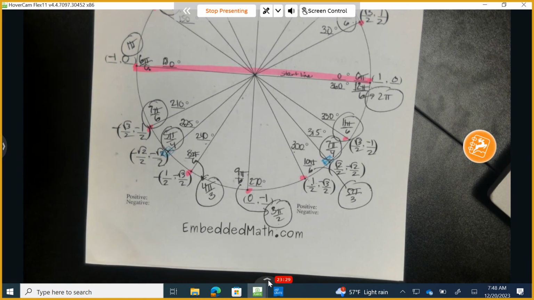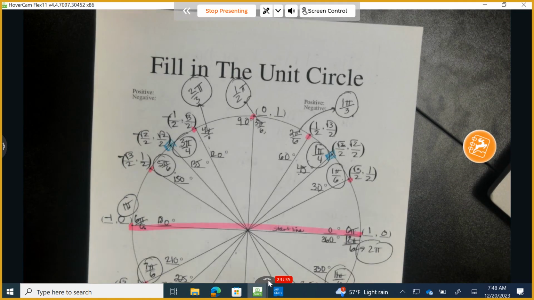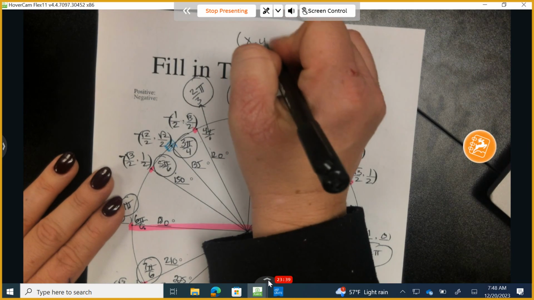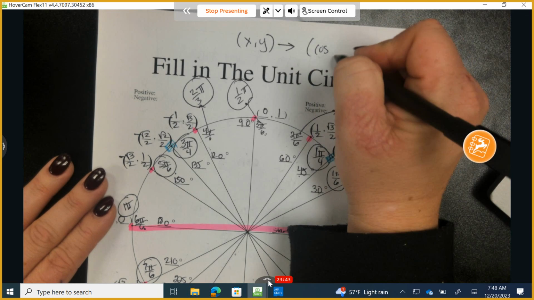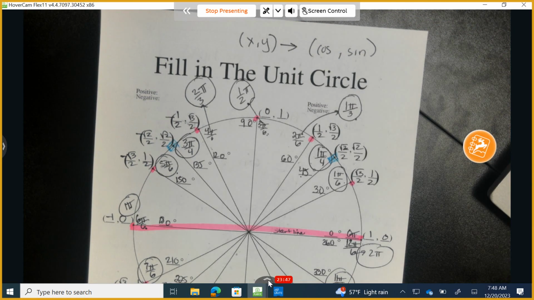Now, I had a student, just like the Damien method that we talked about, or most of you heard about. It's a great way to remember things. I had a student that was forgetting, like, we think of these as X and Y's at the very top, right? X, Y's. But now when we do trigonometry, it has to be cosine first, followed by sine. And a lot of students are like, how do I remember? So there's 2 ways that I remember this.